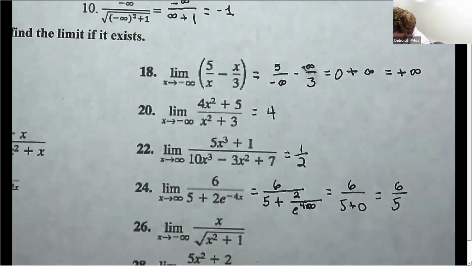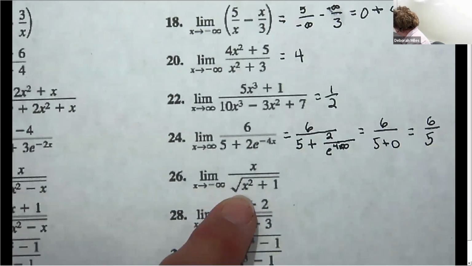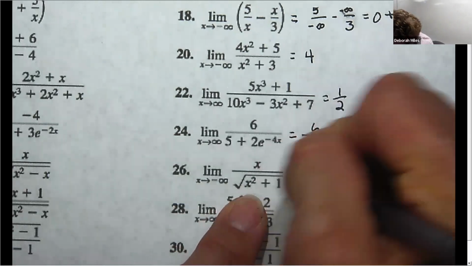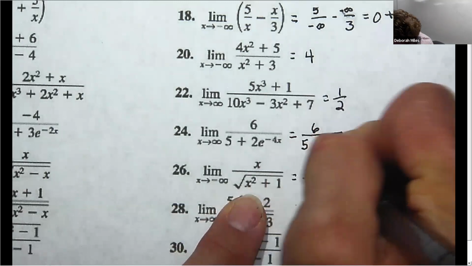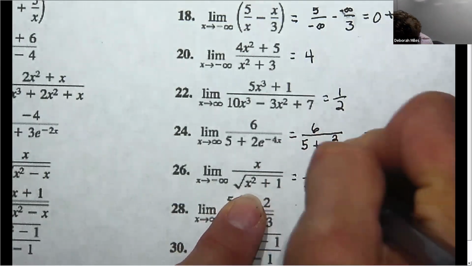Okay. Number 26. The limit as x goes to negative infinity of x over square root of x squared plus 1. Talk to me. I would have negative infinity over square root of infinity squared plus 1.